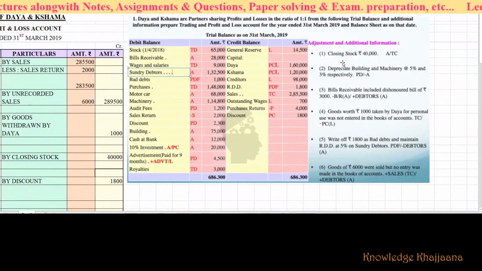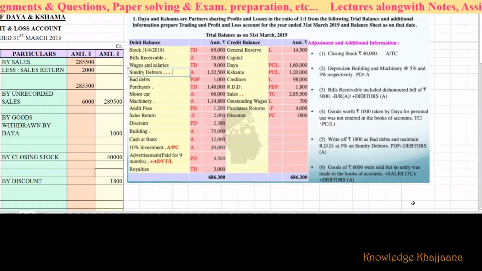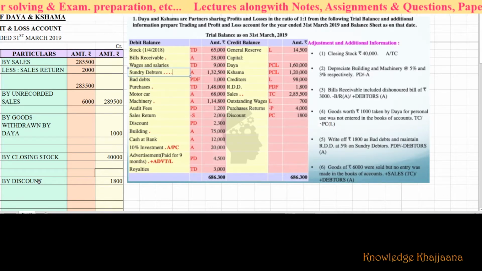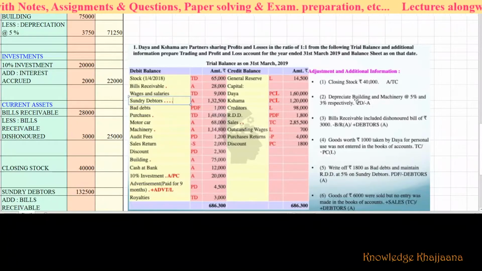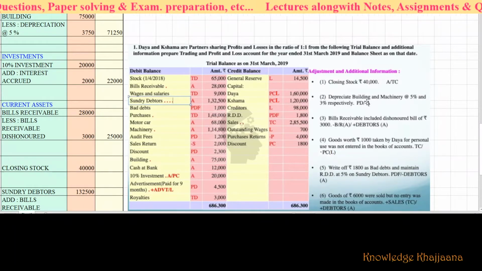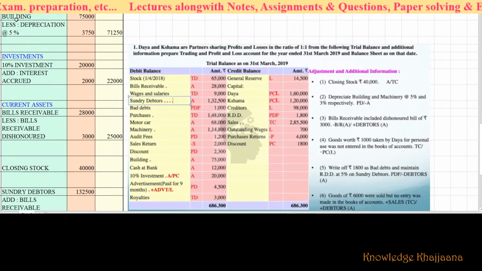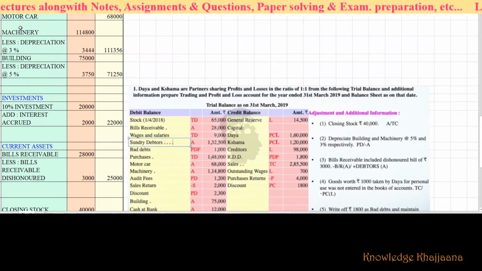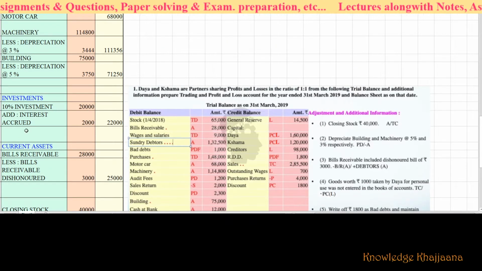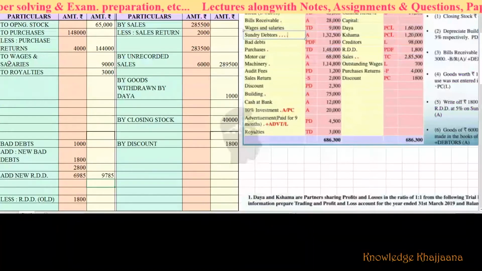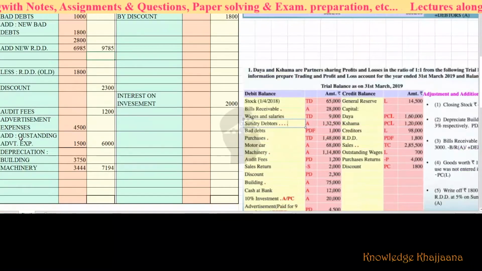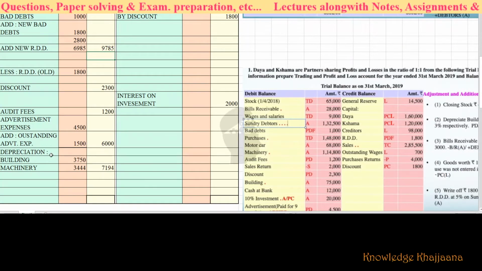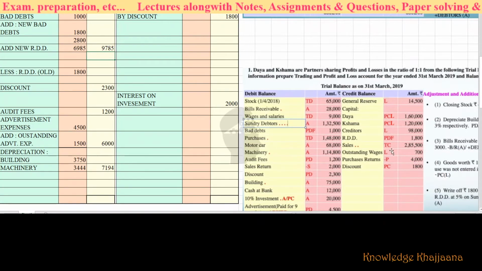Closing stock, we'll check once again. Closing stock, two adjustments we have done, 40,000, and in the asset side 40,000 we have done. Depreciation on building and machinery in the trading account and profit and loss account we have done.